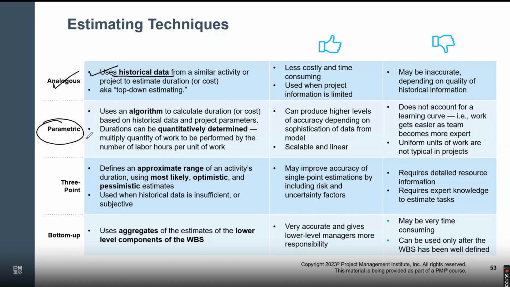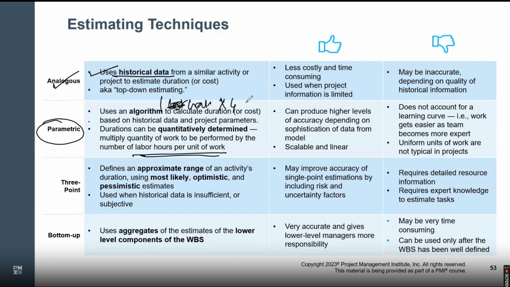Parametric estimation is about doing the mathematics: find out the cost for one, on a unit basis, the cost per unit method, and then apply that. If I want to know the cost of building 4 walls, I'll calculate the cost for 1 wall, or the time, whatever it is. These techniques are meant for both time and cost. So I want to know how long it will take for 1 wall, and then I'll multiply by all the walls that I have to do.